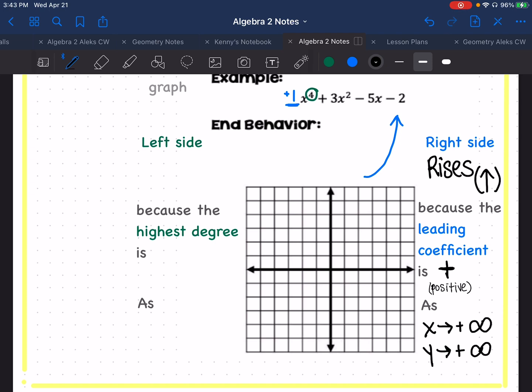Well, what does the left side do? Well, the left side is based off of my highest exponent. This is the even or the odd. When it is even, it does the same as the right side.